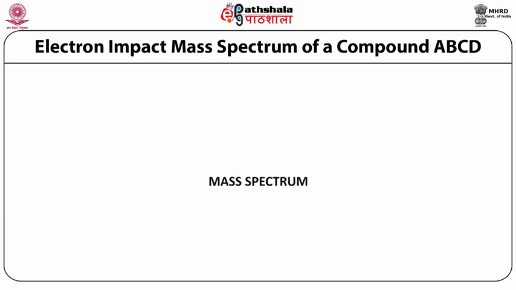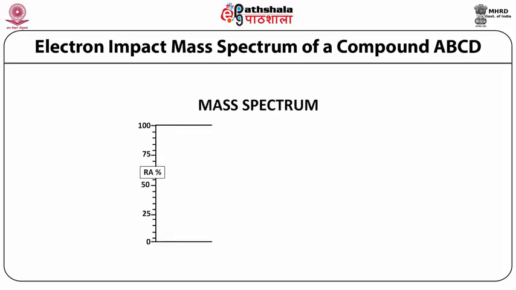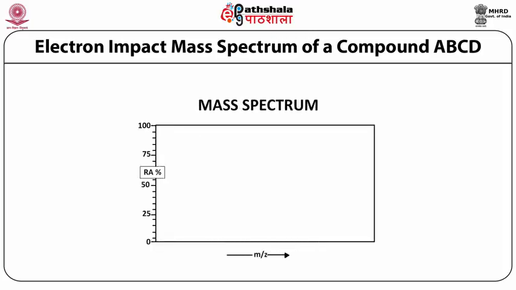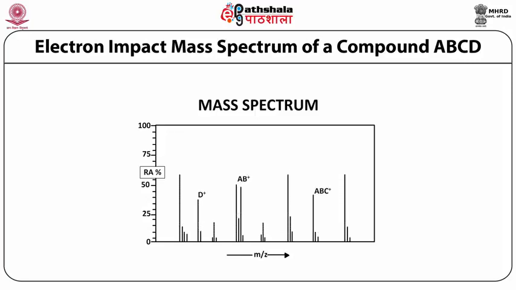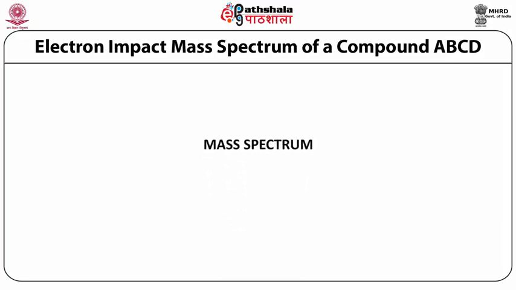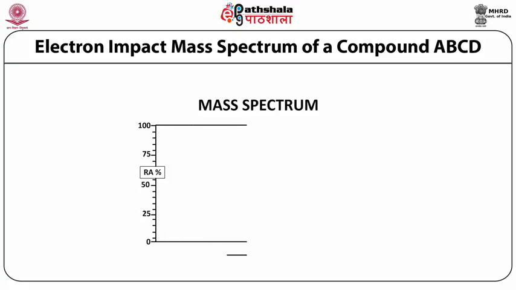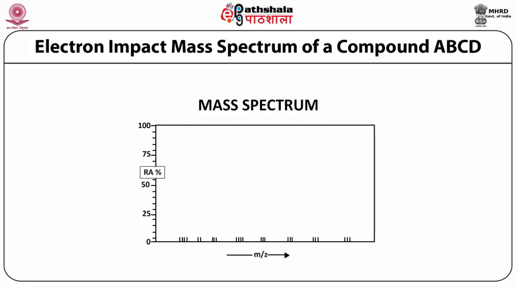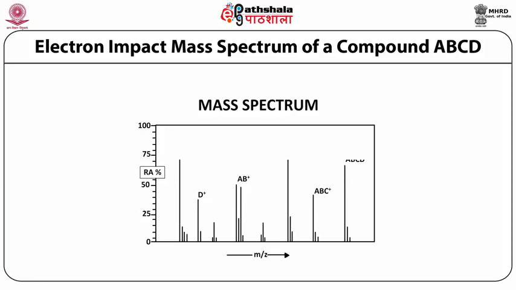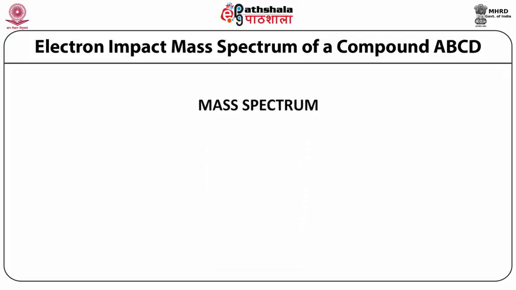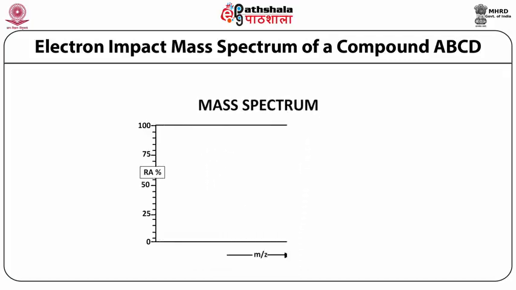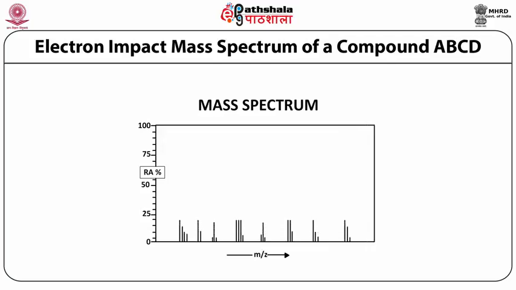It depicts an electron impact mass spectrum, maybe of a compound ABCD. I have shown this spectrum in module 1 also. If you have a molecule ABCD, it ionizes to give you ABCD plus, which is the molecular ion or the precursor ion, you may call it, and then subsequently it results in fragmentation because of the high energy imparted to the molecule, and it gives rise to various fragment ions as shown here: ABC plus, AD plus, AB plus, D plus, A plus.